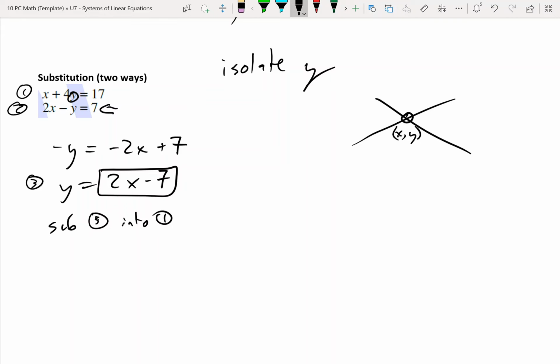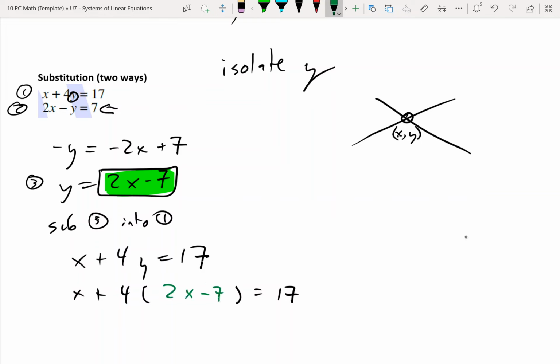Okay, so I'm going to write x plus 4y equals 17. Then I'm going to write x plus 4 and put brackets. And instead of the y, I'm going to sub this in. So it's going to be 2x minus 7. Now, don't forget, this is why the brackets are important. We have to rainbow out the coefficient.